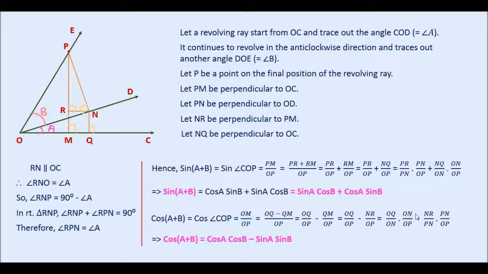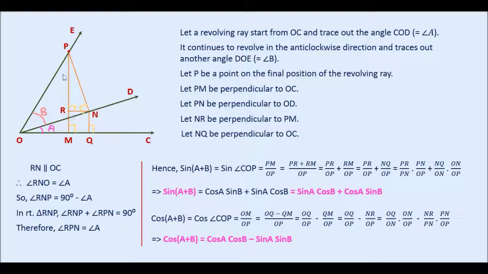Then comes the minus sign. Now it is NR by PN. Taking this right triangle PRN, angle RPN is equal to angle A. So NR by PN is perpendicular by hypotenuse. So it is sine of angle A. And PN by OP: taking this triangle PON and this angle B, PN becomes the perpendicular and OP is the hypotenuse.